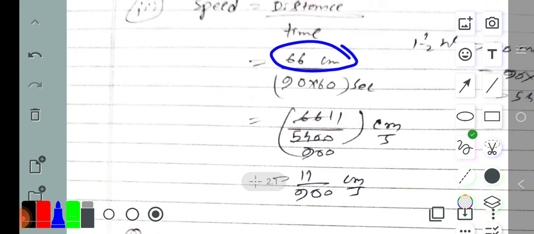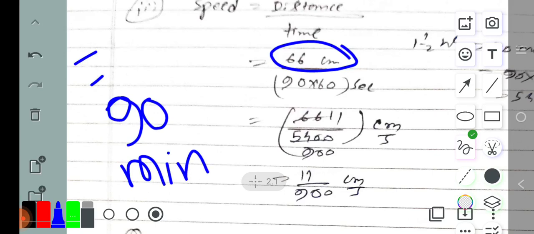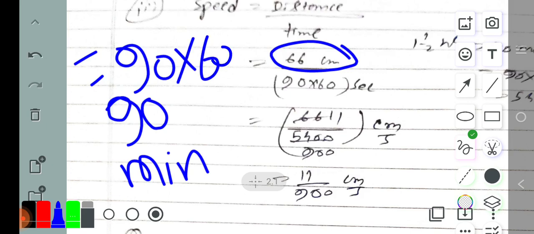Now 66 centimeter and 1.5 hours means how many seconds? 1.5 hours means 90 minutes, and 90 minutes means 90 into 60 seconds, 5400 seconds. 66 centimeter by 5400 second: 6 elevens are 66, 6 nines are 54, so 11 by 900 centimeter per second. You can match your answer with the answer key also.